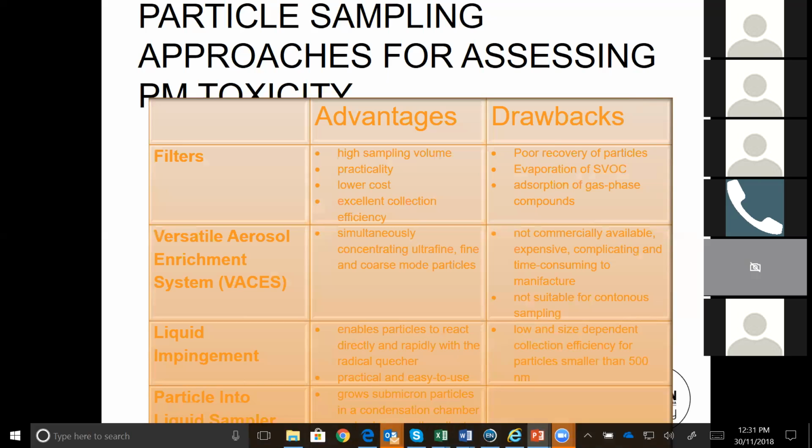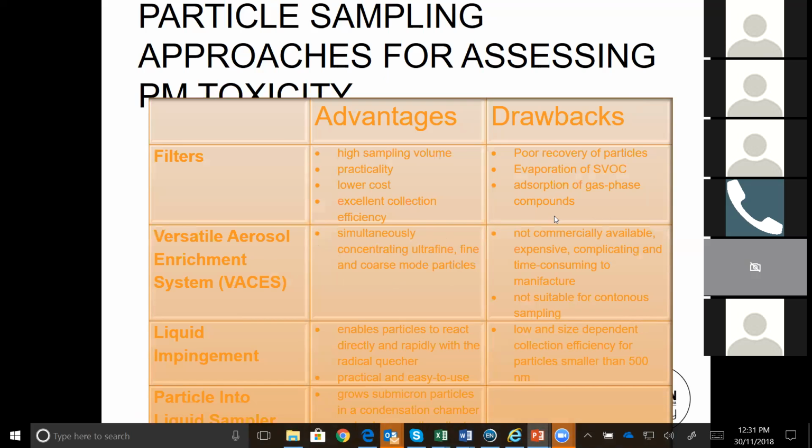And as we said, this is the size fraction that we are concerned with, below 100 nanometers. Because of that low collection efficiency, impingers are also not the most optimal solution. VACIS is an instrument made by researchers in the US, Sioutas and his research group. VACIS is simultaneously concentrating ultrafine and fine particles.